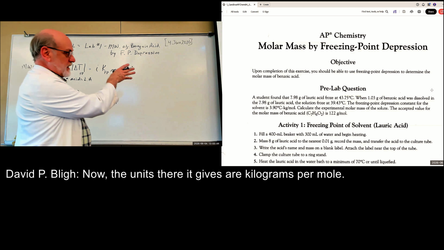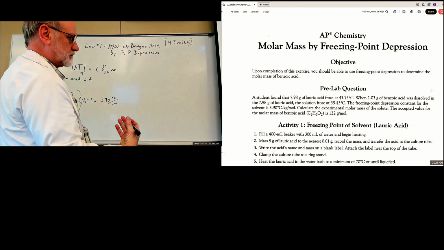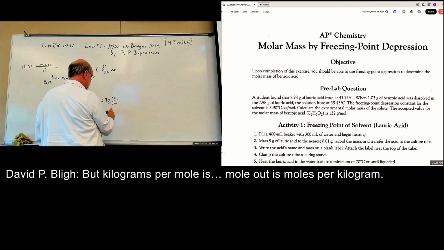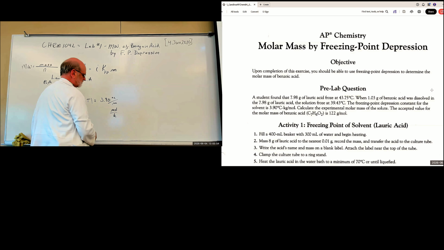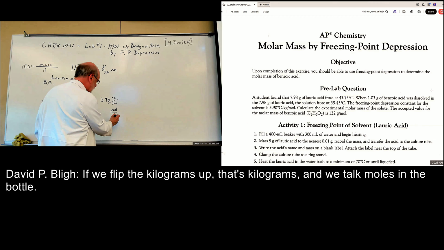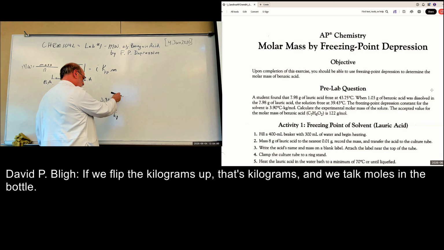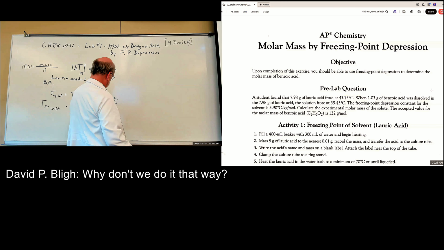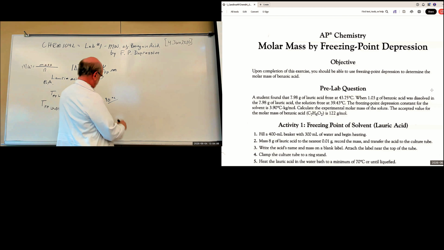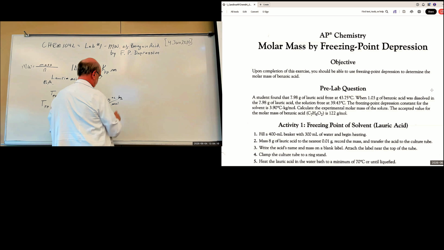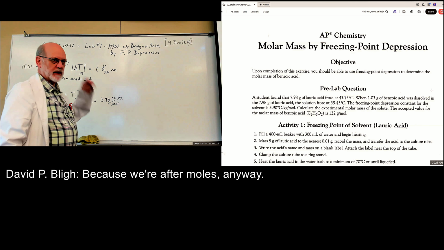Now the units it gives are kilograms per mole. But kilograms per mole is the inverse of moles per kilogram. So if we flip it, that's kilograms on top, moles on the bottom, and that's fine. We'll put kilograms up here and moles down here, because we're after moles anyway.